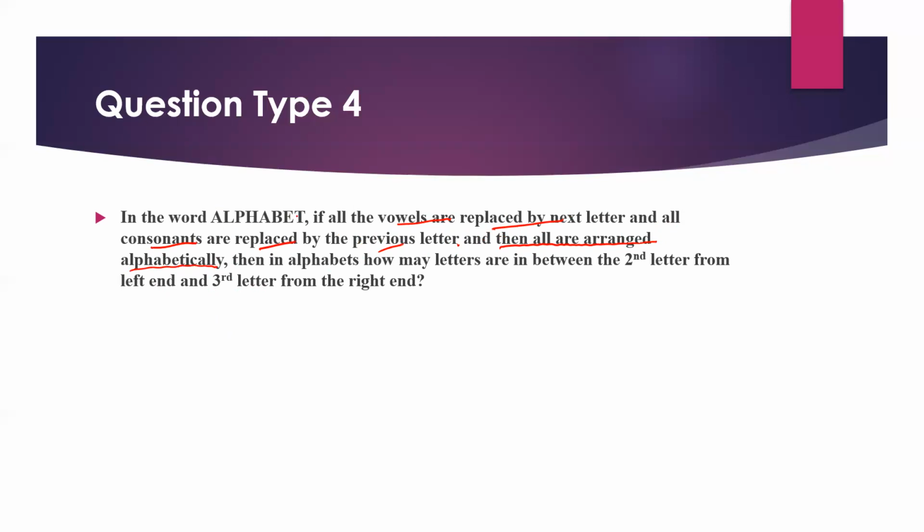After changing all the vowels and consonants, we have to arrange them alphabetically, in the English alphabet from A to Z. Then, how many letters are there in between the second letter from the left hand and the third letter from the right hand? So what it is asking is how many letters are in between these two letters.